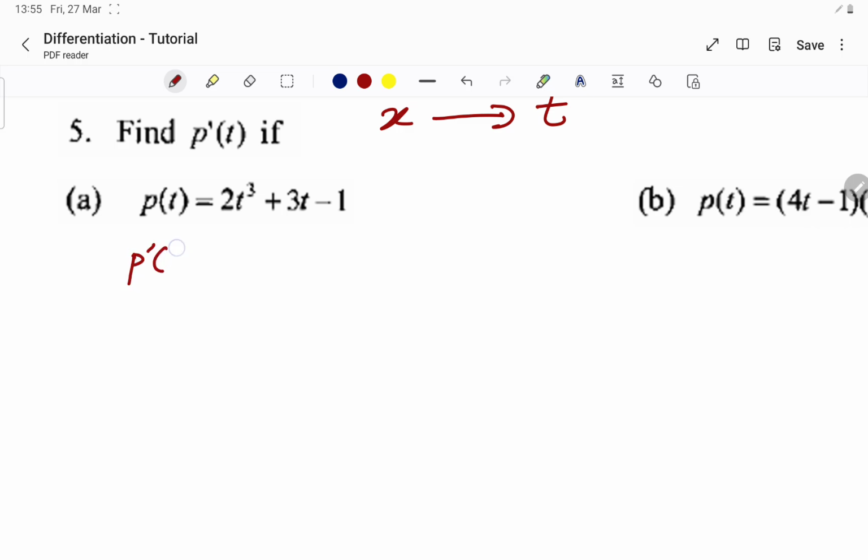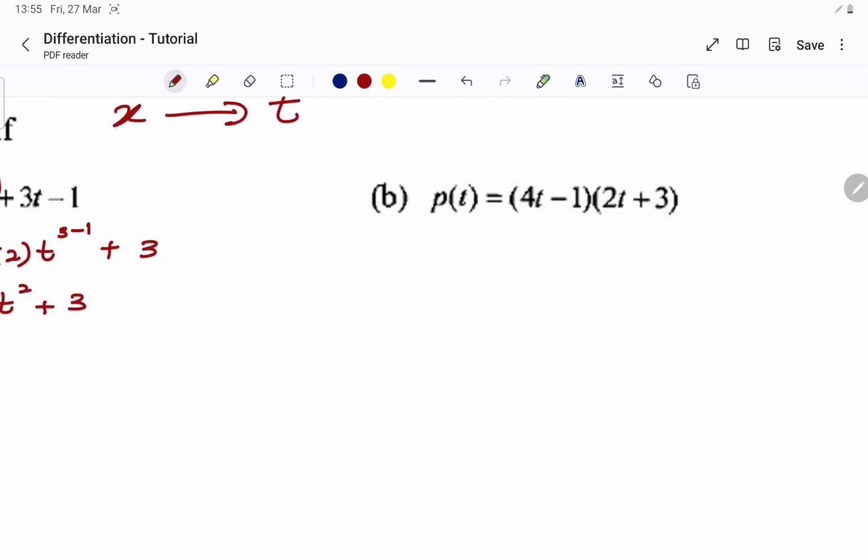So the same p prime t, when we want to differentiate, you bring 3 in front. 3 multiplied by 2, and then t cubed, you put minus 1. And then we have 3t, right? Differentiate becomes 3. Minus 1, we differentiate becomes 0. So the answer here is 6t to the power of 2 plus 3.